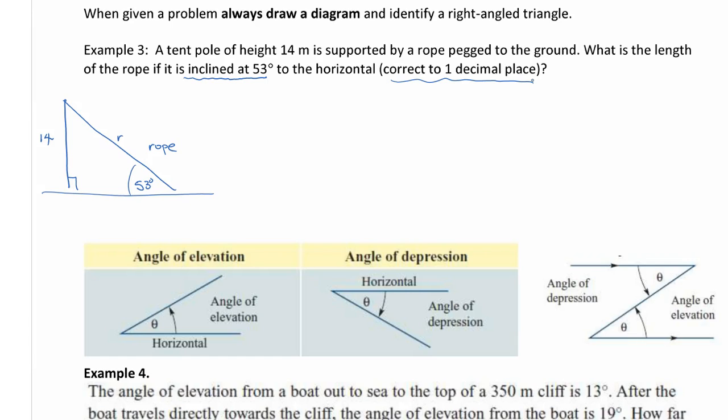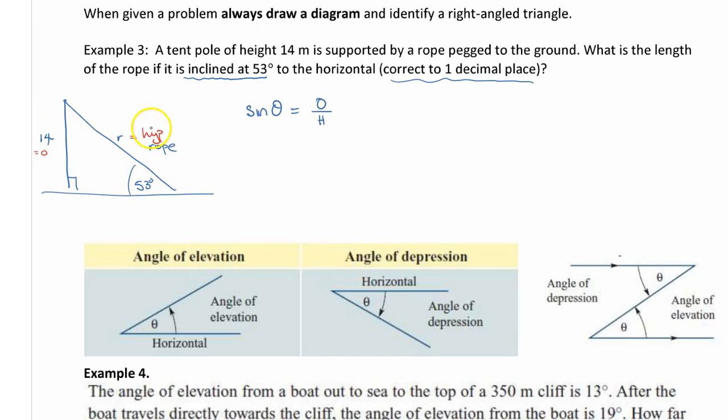Step 1 is to identify the sides with respect to the angle. So if we look at the angle here, 14 is actually the opposite side, and the unknown side, the rope, is the hypotenuse. We know that the sine of any angle will be opposite and hypotenuse.